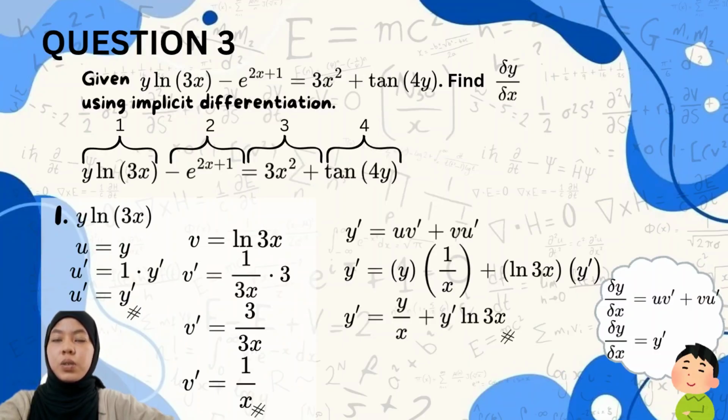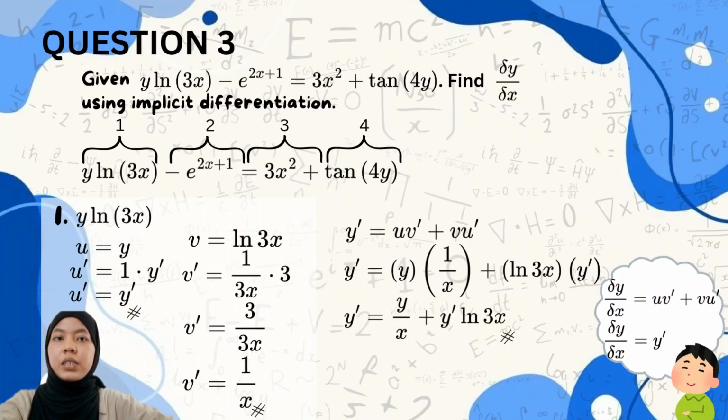We can use the product rule because there are two functions multiplied together. u is equal to y and v equals ln 3x. The formula of the product rule is u v prime plus v u prime. First, differentiate u is 1 times y prime, which is y prime.